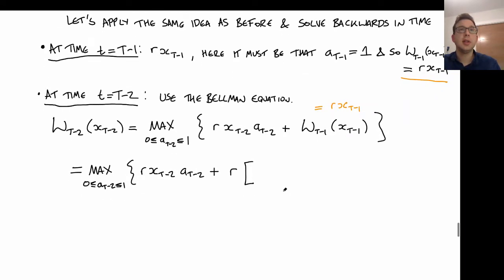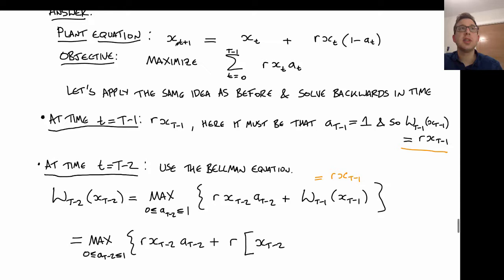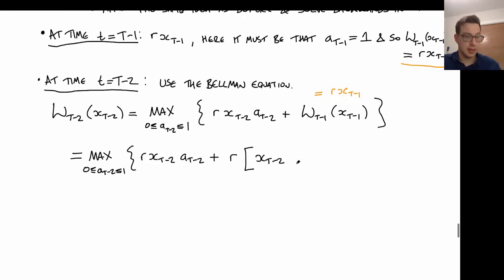Notice I'm using the same expressions up here, but with this as x of t minus 1, and this is x of t minus 2, plus r of x of t minus 2, 1 minus a of t minus 2.